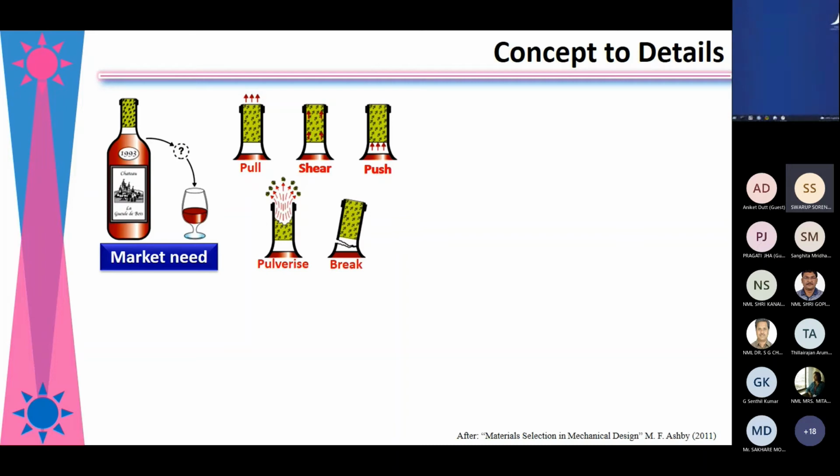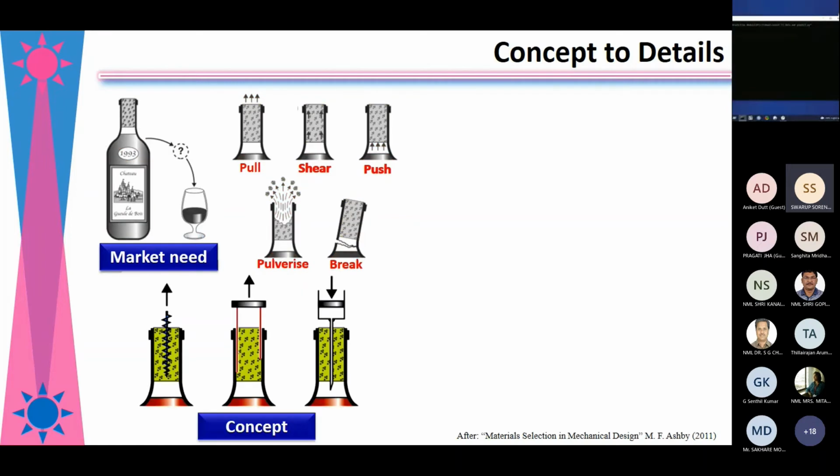But how many of these possibilities can we choose? We cannot resort to break it, to drill it, because this may be contaminated later on. So these two options are out.